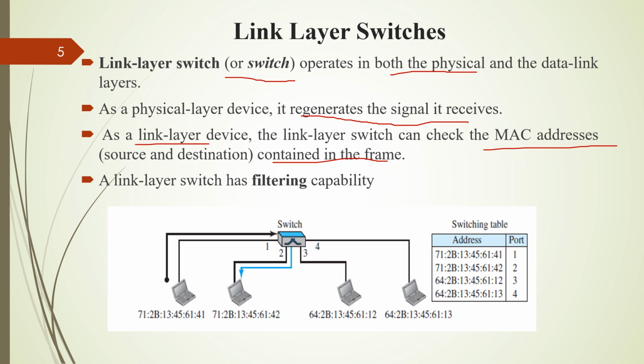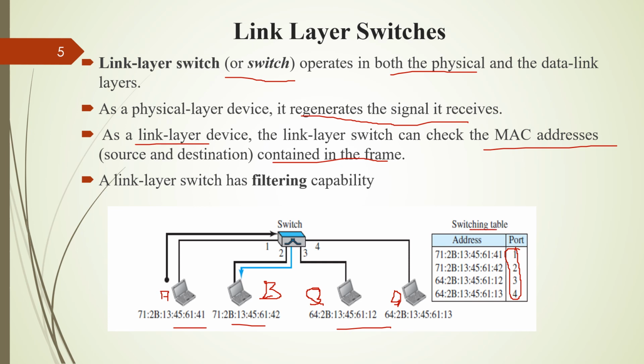Let us consider an example where there are 4 stations, station 1, 2, 3, 4, or you can say station A, B, C and D, and the MAC address of each station is given below. Based on the MAC address, the port number of each station is updated in the switching table.